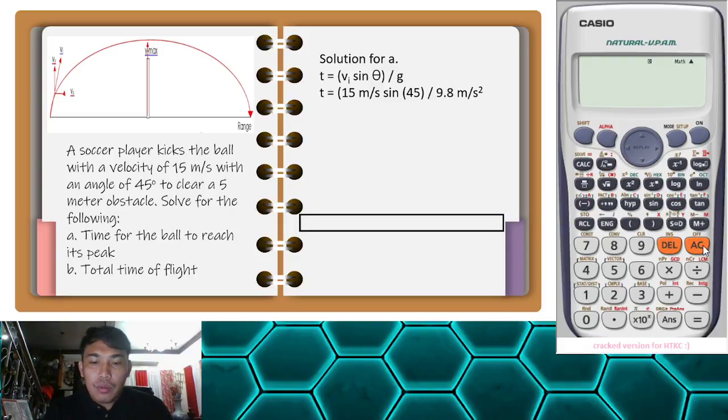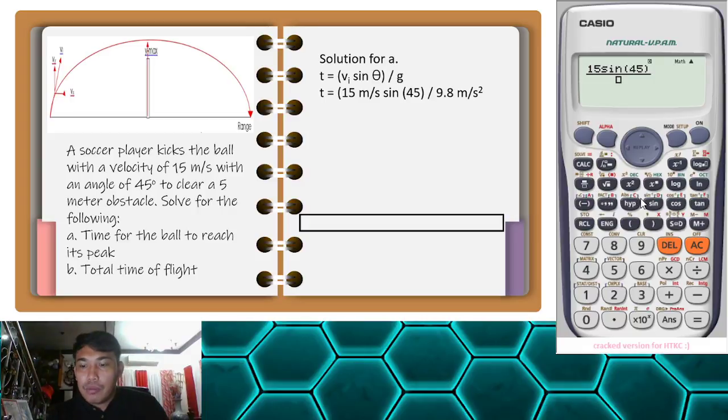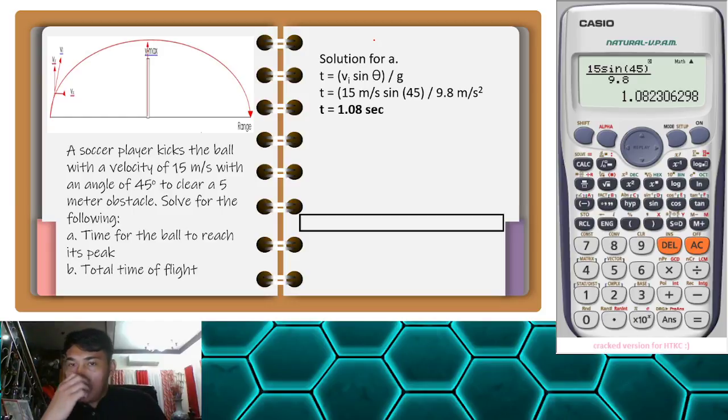Using this formula, we can solve for the time for the ball to reach its peak. So we have arrived at the answer of 1.08 seconds.